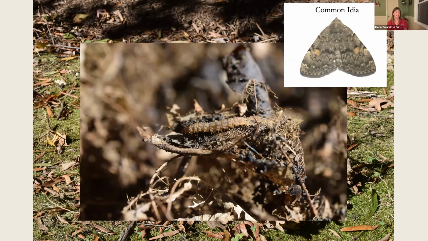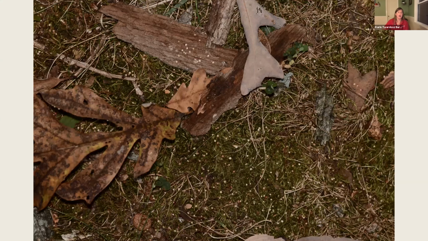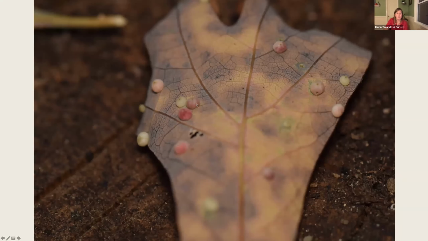One last way this leaf litter is very important. This happened in my lawn last year. There was an overabundance of these little tiny white and red dots that you can barely see, literally hundreds of thousands of them. If you look at them closely, they come from these structures on oak leaves.